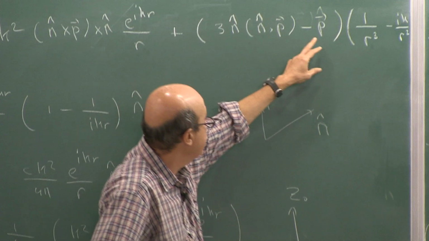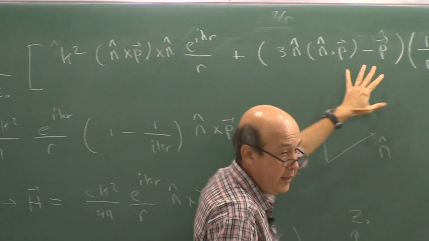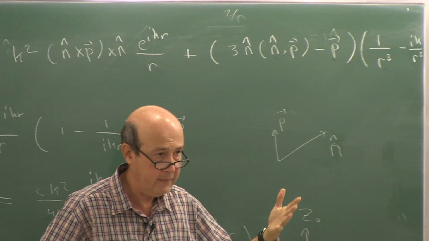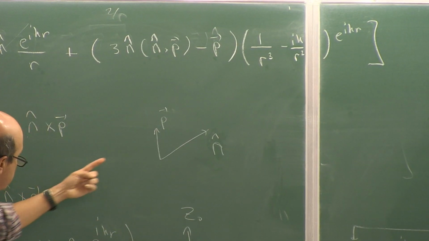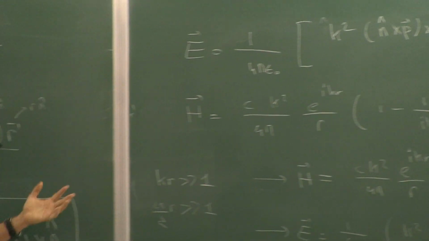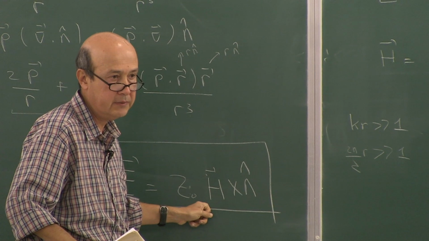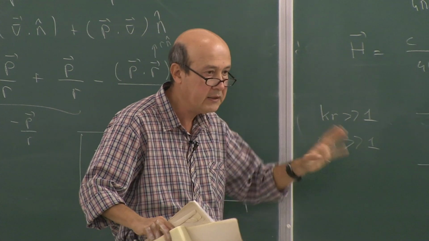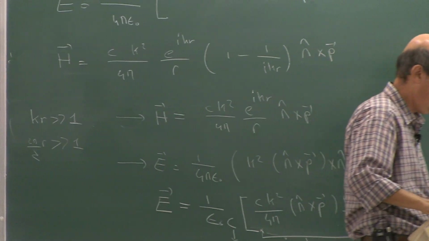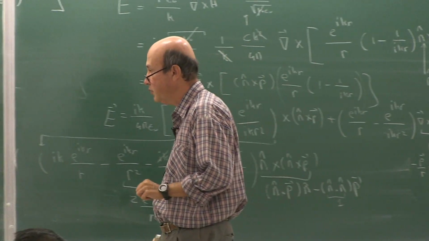The electric field could be along P, could be orthogonal, and could be along n. So in general, the electric field has parallel and perpendicular components to n. But if you go to the far field zone, away from the source, the electric field is also perpendicular to n and H. Close to the source, the electric field has many components. But even in the far field zone, they are mutually orthogonal to each other.